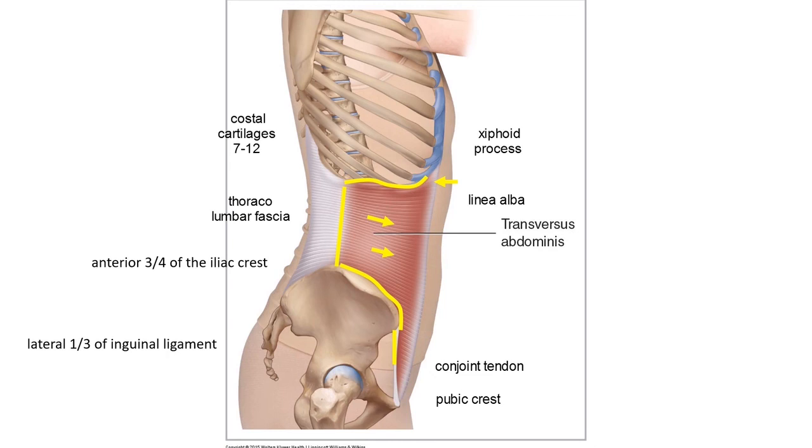Conjoint means that two muscles join their tendons together and comes to the pubic crest and then runs towards the anterior part of the anterior abdominal wall, and it is attached to the linea alba.